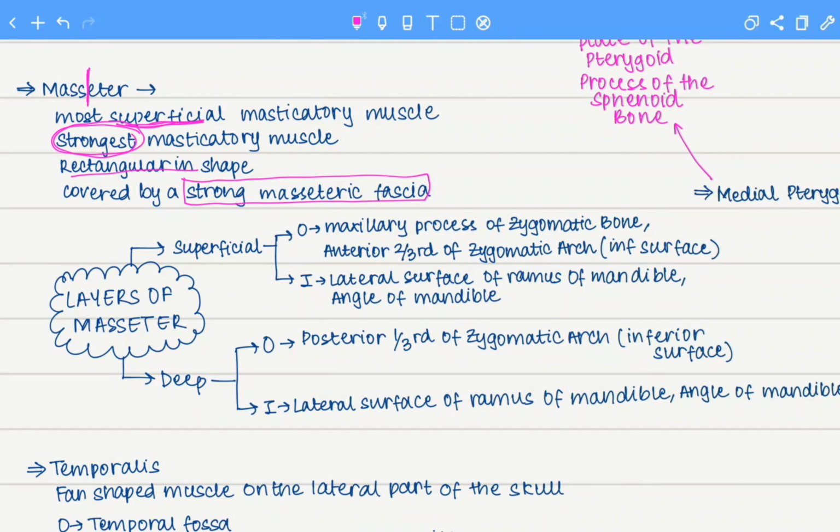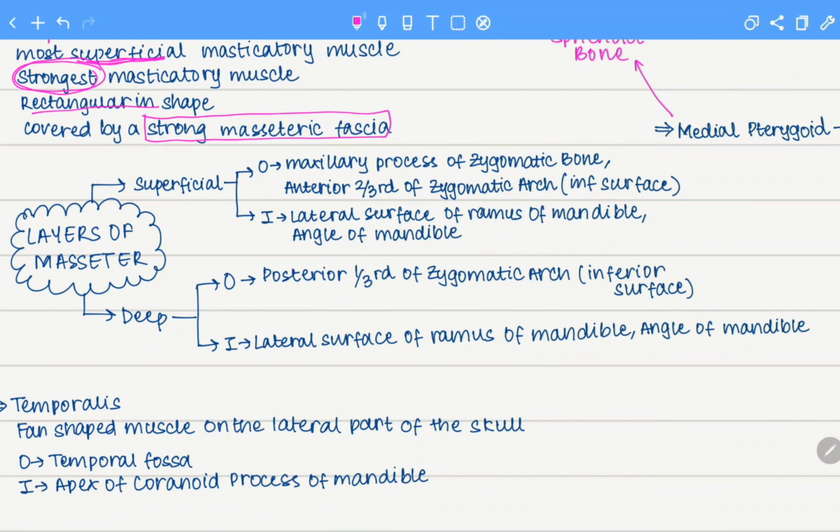Now let's look at the two layers of the masseter. So the two layers of the masseter are the superficial layer and the deep layer. The superficial layer originates on the maxillary process of the zygomatic bone as well as the inferior surface of the anterior 2/3 of the zygomatic arch, while the deep layer will originate on the posterior 1/3 of the inferior surface of the zygomatic arch.